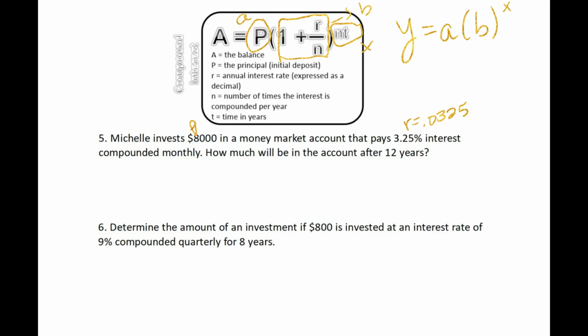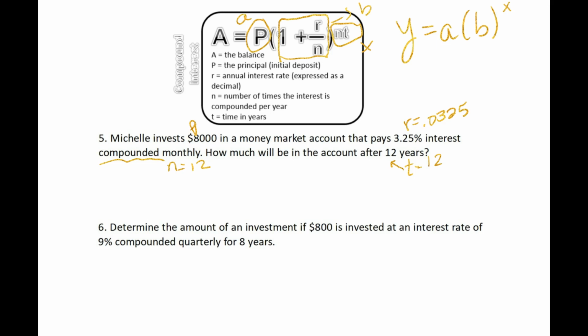Compounded monthly. The word compounded would imply that we're using this formula. How many months are in a year? That would be 12, so your N is equal to 12. How much will be in the account after 12 years? Well, that would be your time. Your time is equal to 12.